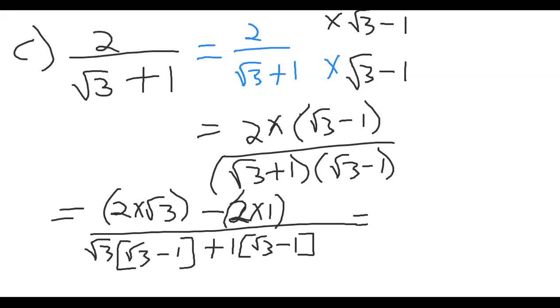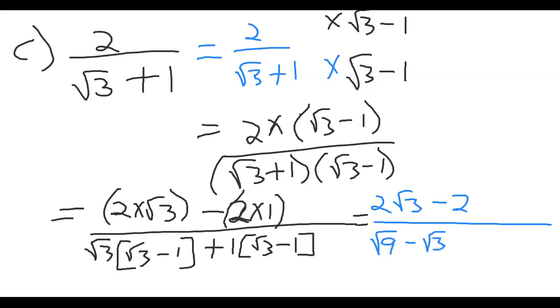So this is the same as 2 root 3 minus 2, everything divided by root 3 times root 3, you get root of 9. I'm now skipping some steps, or you may not skip. Then root 3 times negative 1, you get minus root 3.